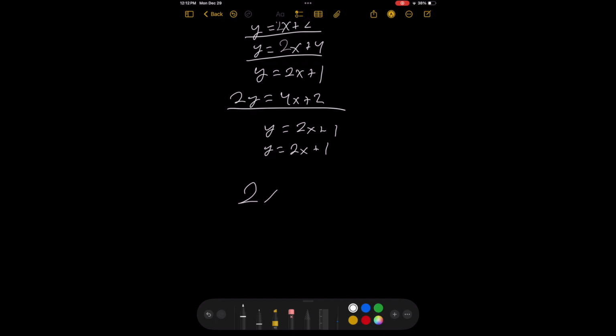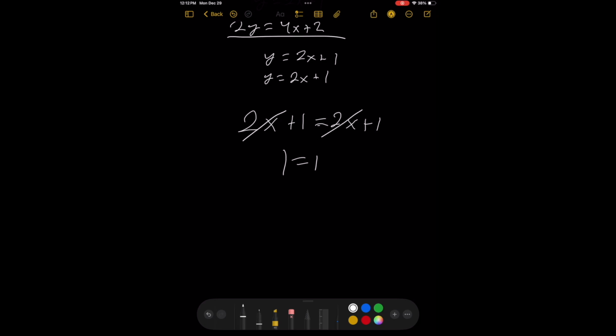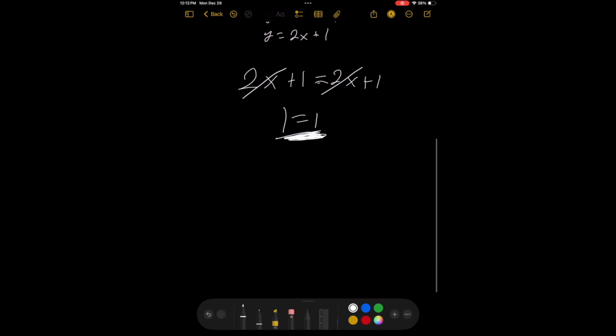Well, let's set them equal to each other, see what happens. Oops. One sec. Let's get rid of the x. If I get some sort of true statement, 1 is equal to 1, this is true, always, then that means that there's infinite solutions.